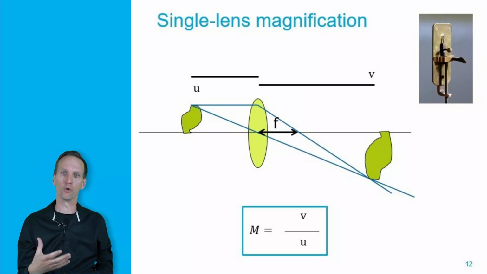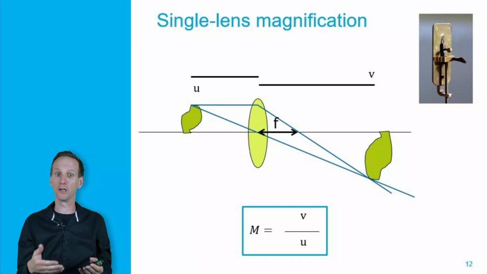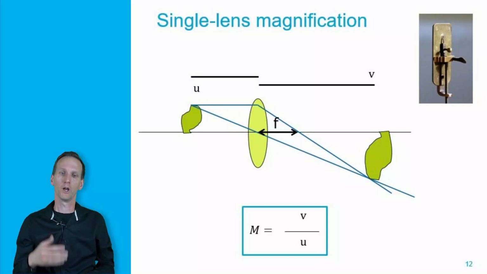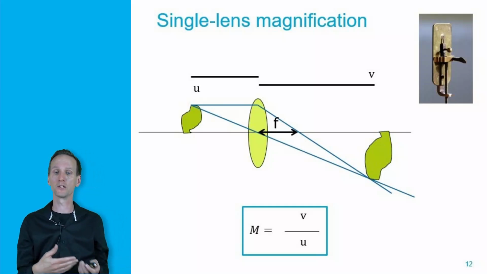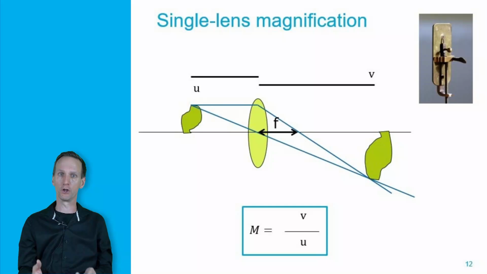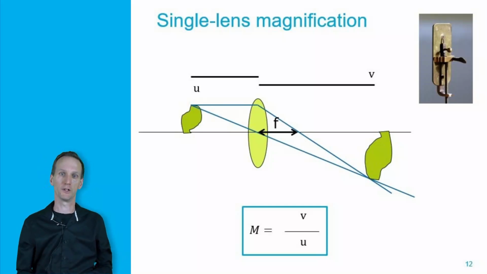The smaller the focal distance, the higher the magnification, or in other words, the more the lens refracts the rays, so the larger the opening angle of rays in the image plane compared to the object plane, the stronger the lens works. We can use such a single lens system and these formulas if we position a recording device, a camera or a piece of paper on the image side of the lens.